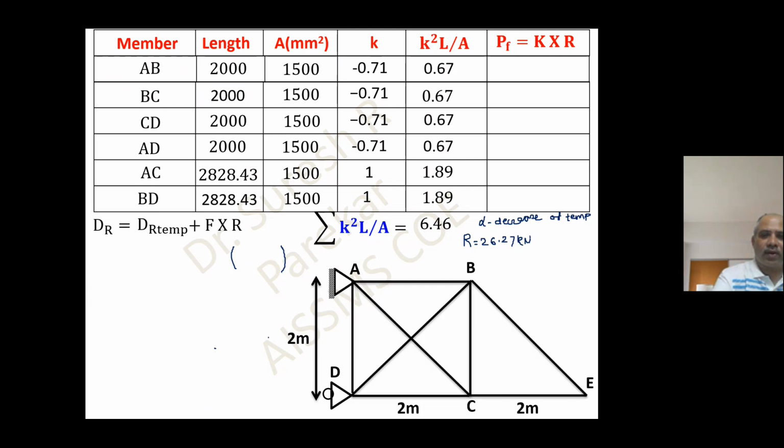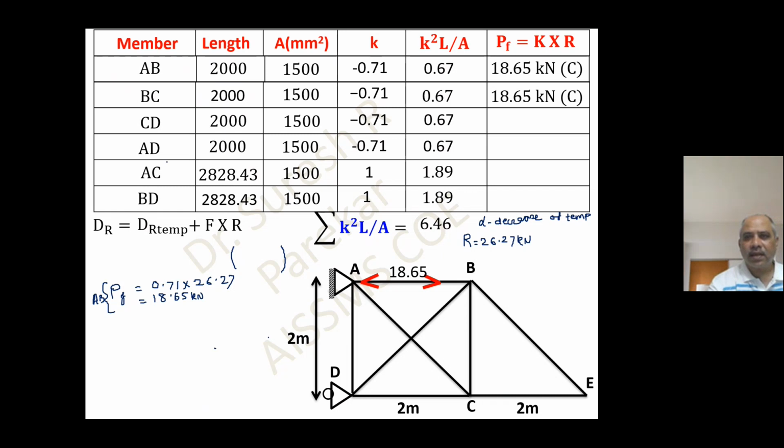For AB, PF is equal to 0.71 into 26.27, and we get 18.65. This is AB, and we have the same values for BC, CD and AD. So you can see 18.65 compression, 18.65 compression.